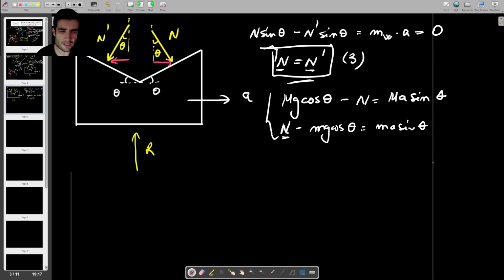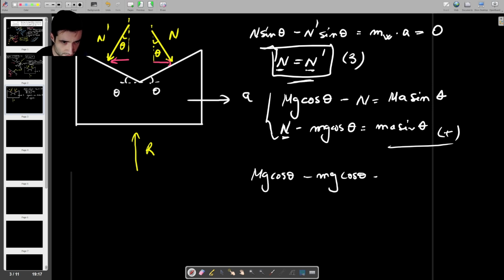Okay, now I don't really care about n, to be fair, so I can just add up those equations and n will cancel. And what we get is Mg cos theta minus mg cos theta is equal to Ma sine theta plus small ma sine theta.